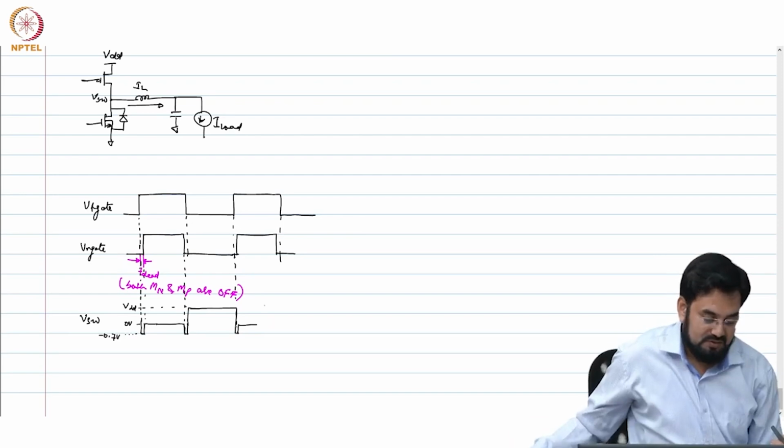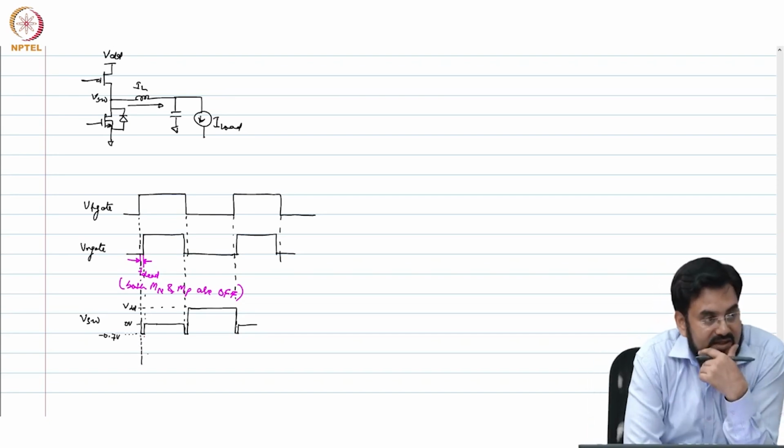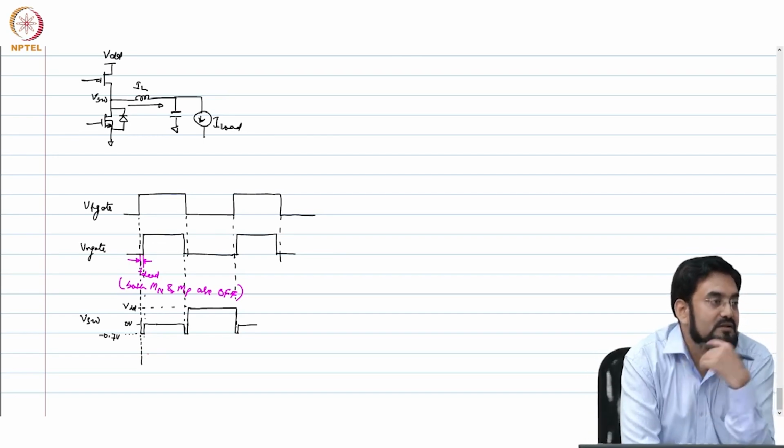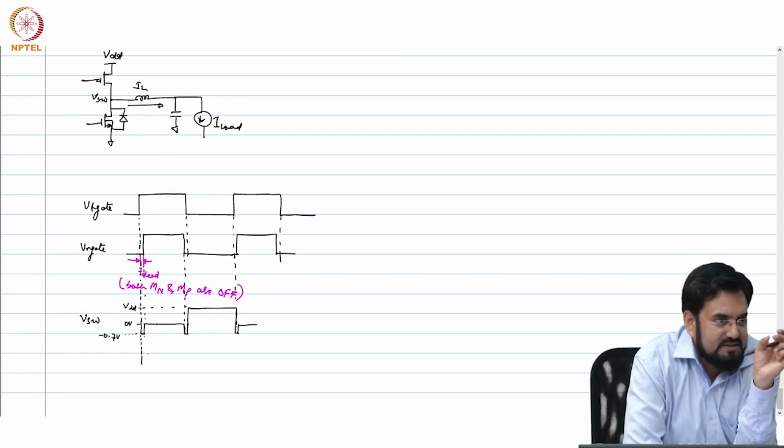Okay. So how will the inductor current look like? So the slope will change for a very short duration.